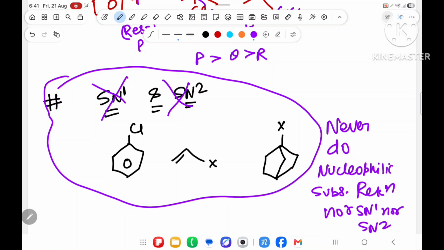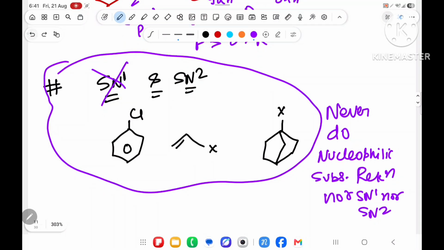Nothing it will do. Why, sir? Why this C-Cl is very strong? This C-Cl is strong because it has some partial double bond due to resonance. And this is a bridge carbon.